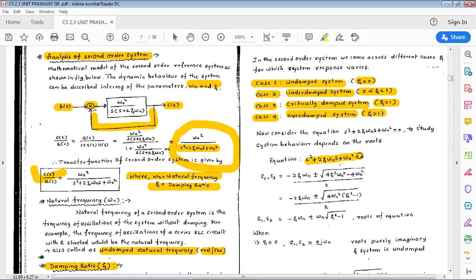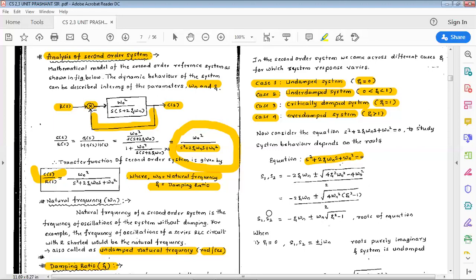Using the Sridhar's roots formula, you can write minus b, that is minus 2 zeta omega n, plus or minus under root b square, that is 4 zeta square omega n square, minus 4ac. The a value is 1, c is omega n square, so minus 4 omega n square. By simplifying this, we get minus 2 zeta omega n plus or minus under root 4 omega n square times zeta square minus 1, whole divided by 2.